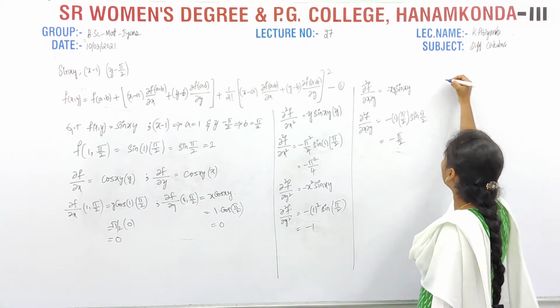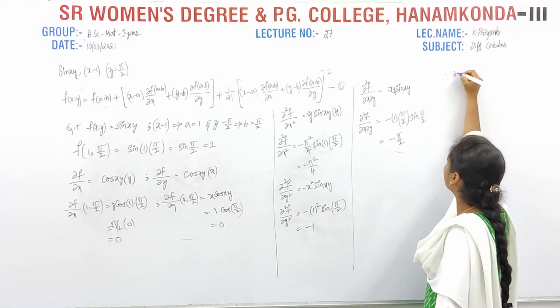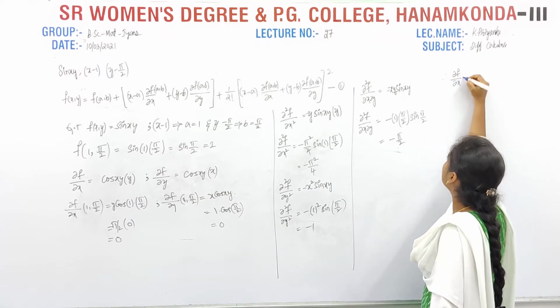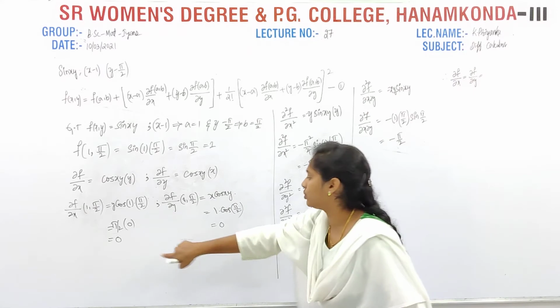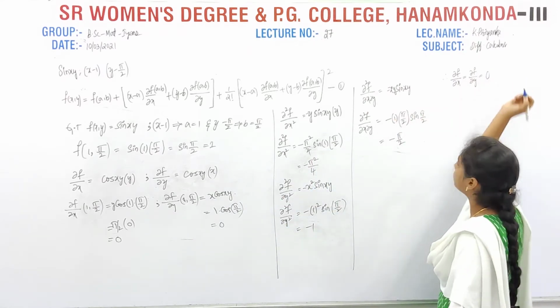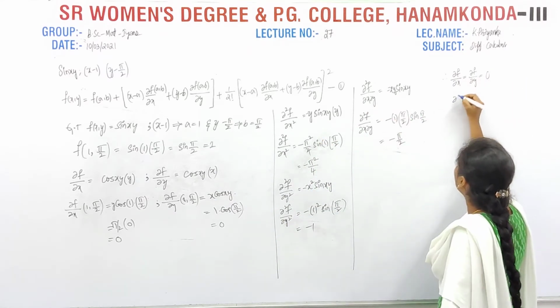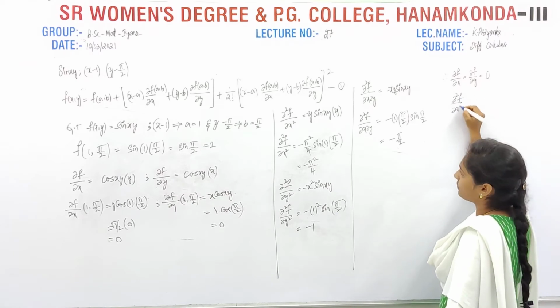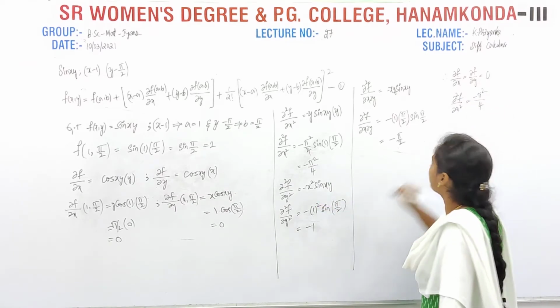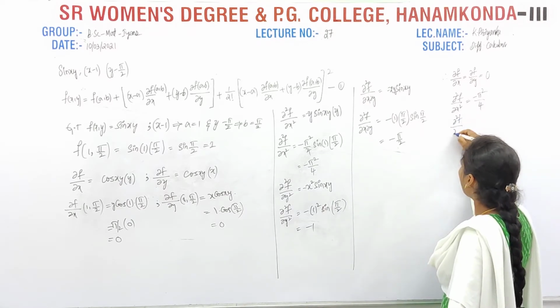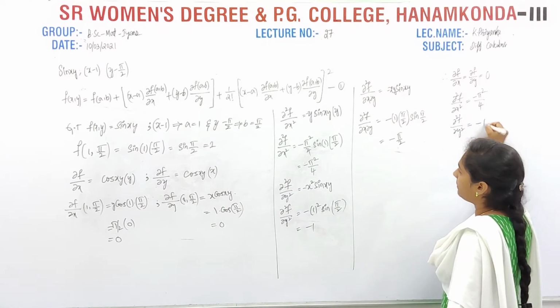Simply collect them. Therefore we can write here clearly, ∂f/∂x equal to ∂f/∂y equal to, what are these values? Both values are zero. So simply it is equal to 0. Next ∂²f/∂x² is equal to minus pi square by 4, and ∂²f/∂y² equal to minus 1.